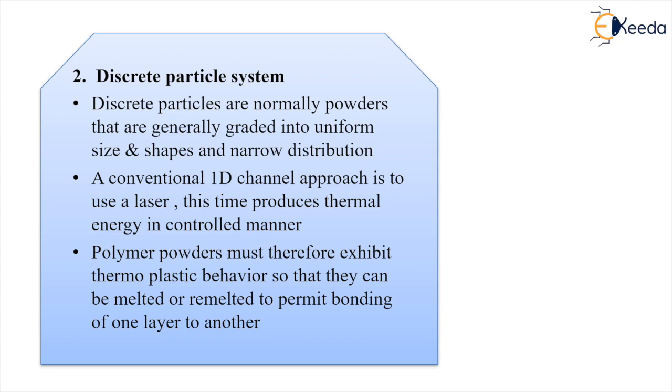The polymer powders must therefore exhibit thermoplastic behavior. Why? So that they can be melted or remelted to permit bonding between the layers of the powders, so that one layer gets bonded with another layer.